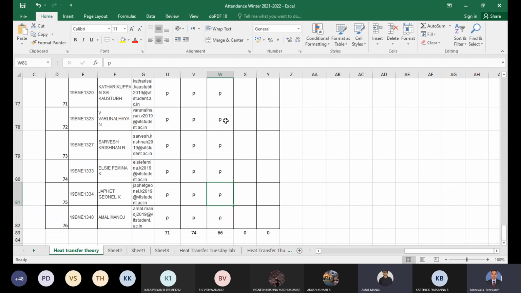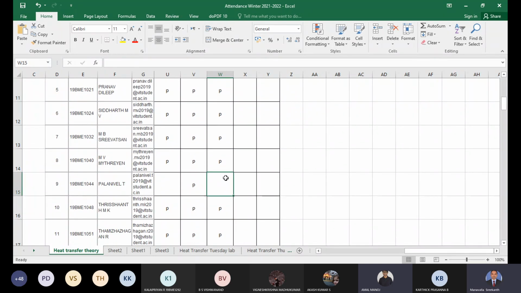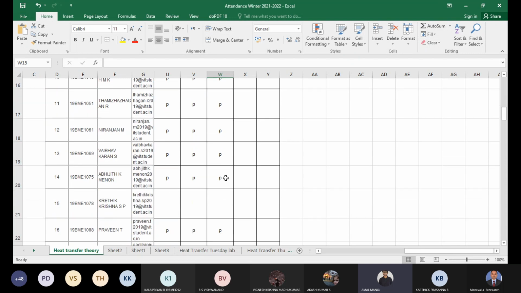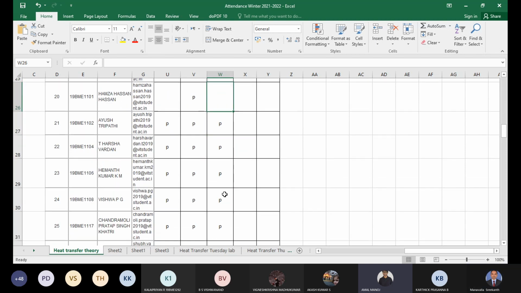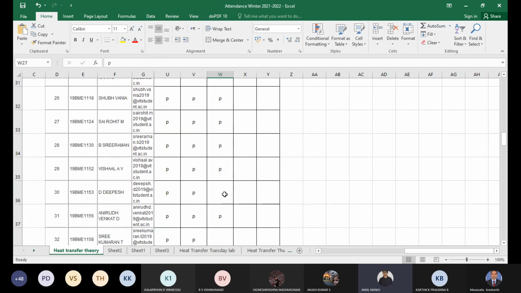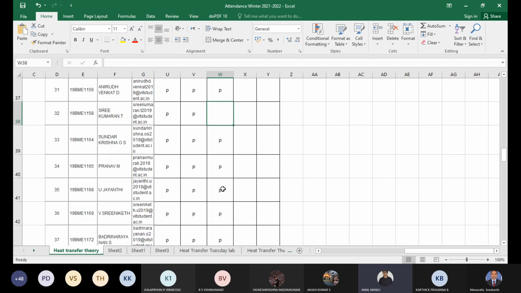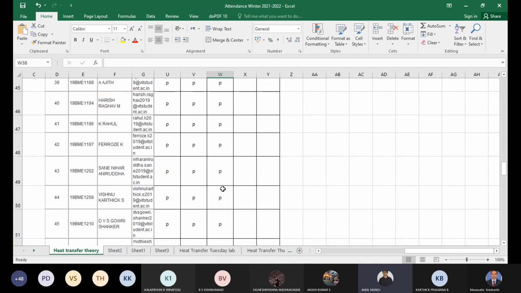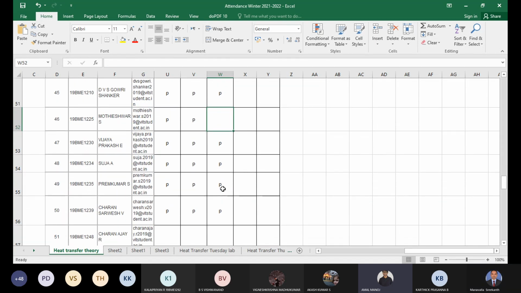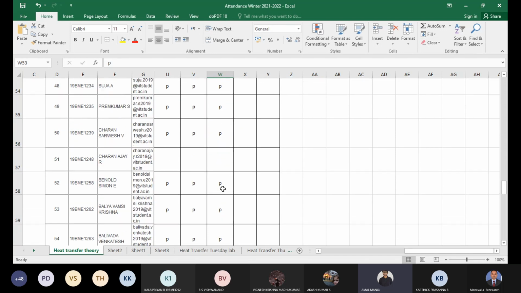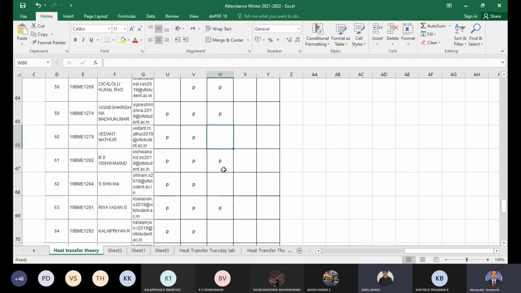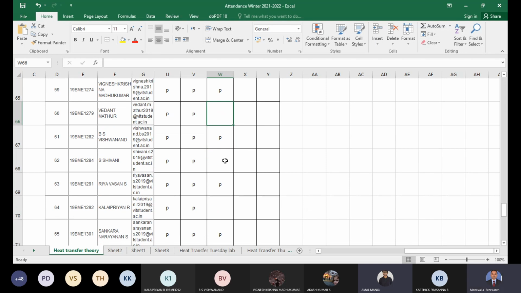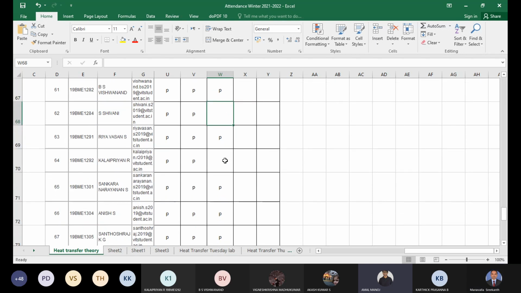All the absentees once again: Palanivel, Kritik Krishna, Hamza Hassan, yes, sir. Sri Kumaran, Motishwar, present, sir. Charan Ajay, Vedant Madhur, Shivani, Kalai Priyan.